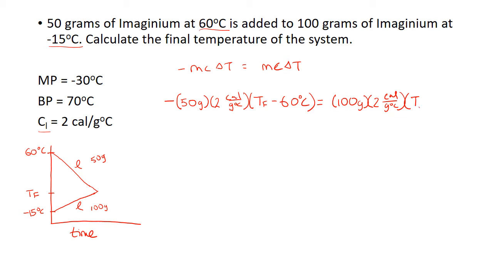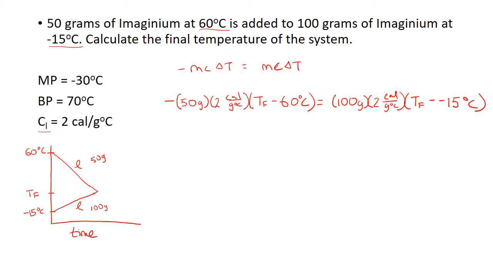And then we have TF minus negative 15. Yes, I'm going to leave it like that. Sorry to those of you who don't like that. That's how we set that up. It's really just about making sure that everything that's cooling goes on one side, everything that's warming goes on the other side, and that you don't have some weird mix and match situation going on.